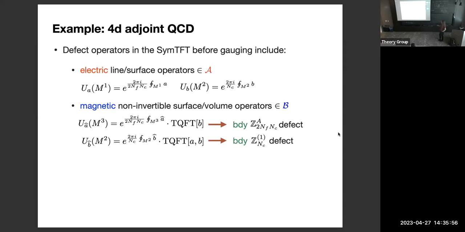I have electric type operators that can terminate on the topological boundary, like line operators made out of the A background gauge field and surface operators made out of the B background gauge field, or in the bulk dynamical gauge fields. And then I have magnetic type operators, which are both surface and volume type operators that are actually non-invertible operators in the bulk Symmetry TFT.